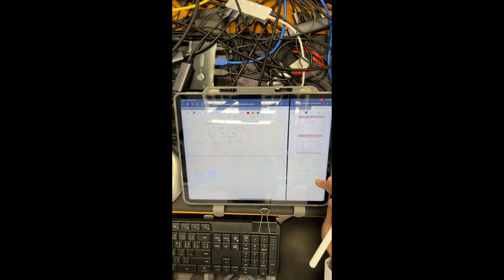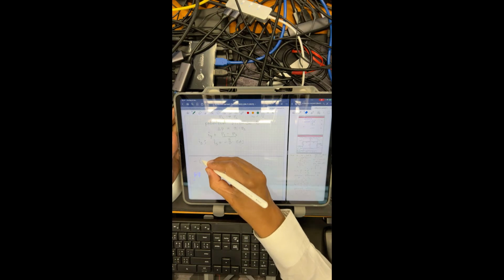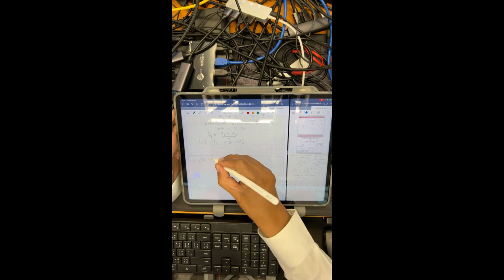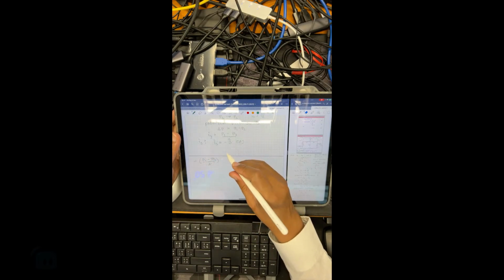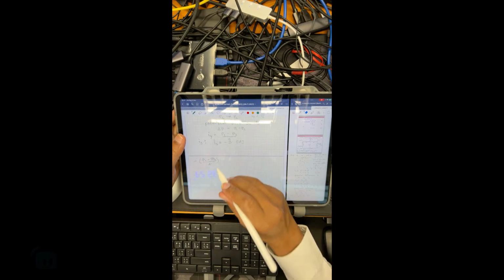Minus Ix is minus V1 minus V3 divided by 4, and minus Iy.